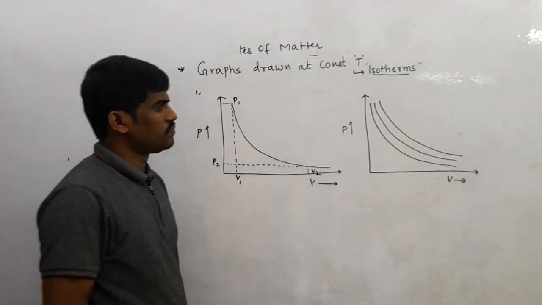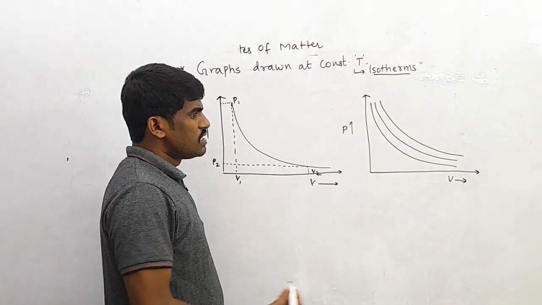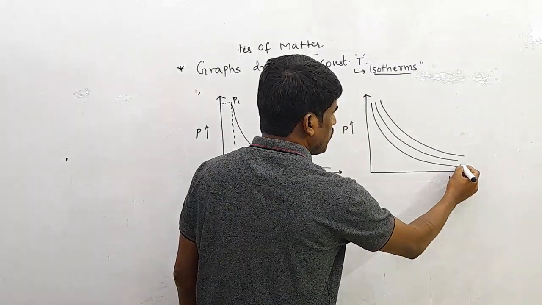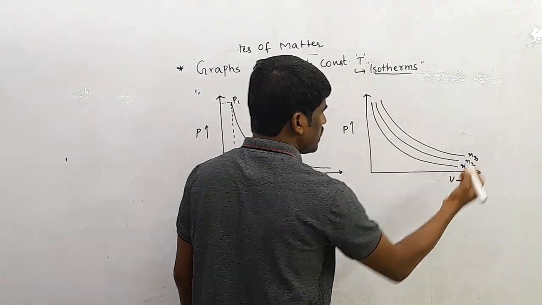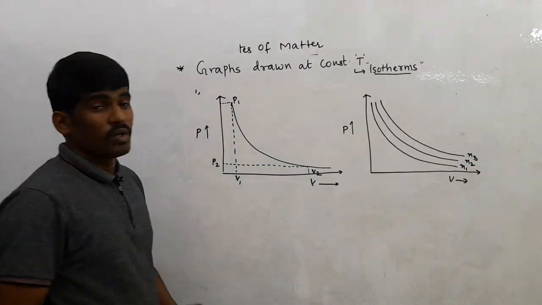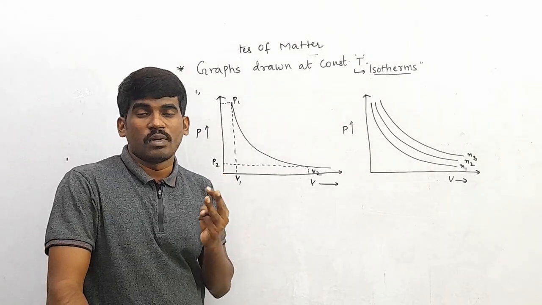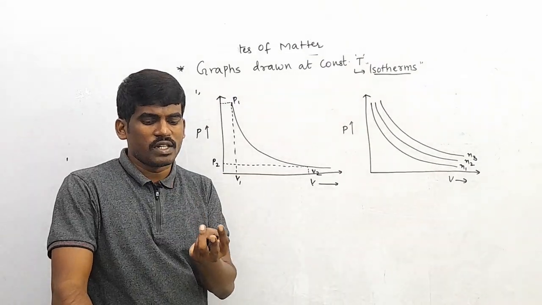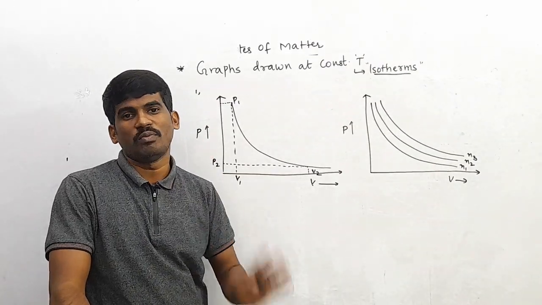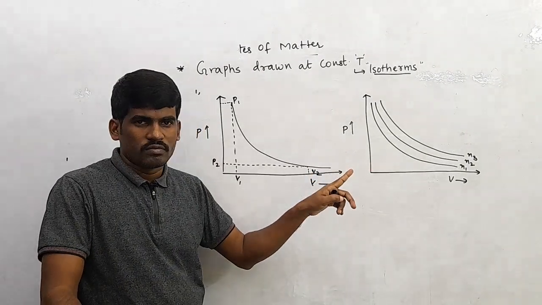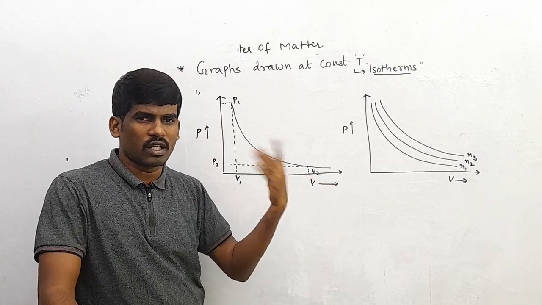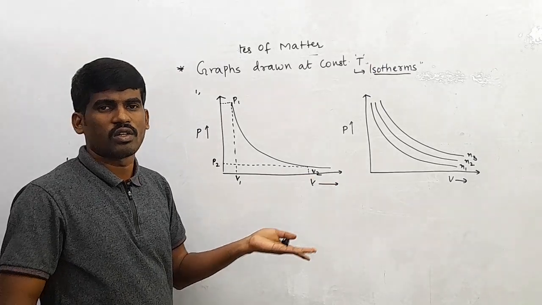In such cases, N1, N2, and let us say N3. There are 3 numbers of moles I have mentioned. One is N1, N2, and N3. But each and every graph is one isotherm, I can say that, because it is at constant temperature.